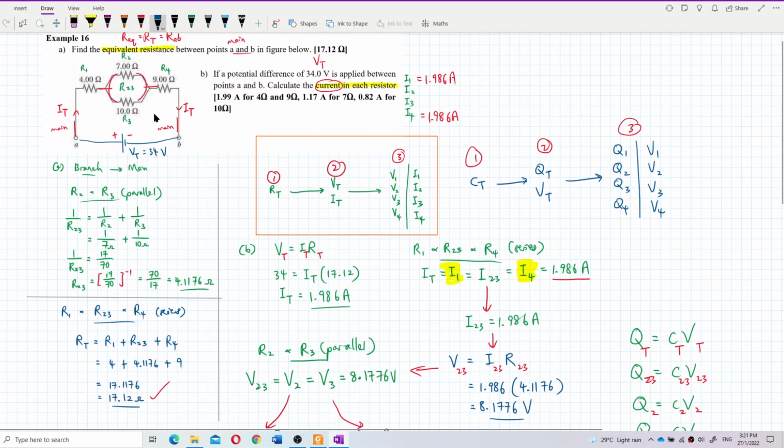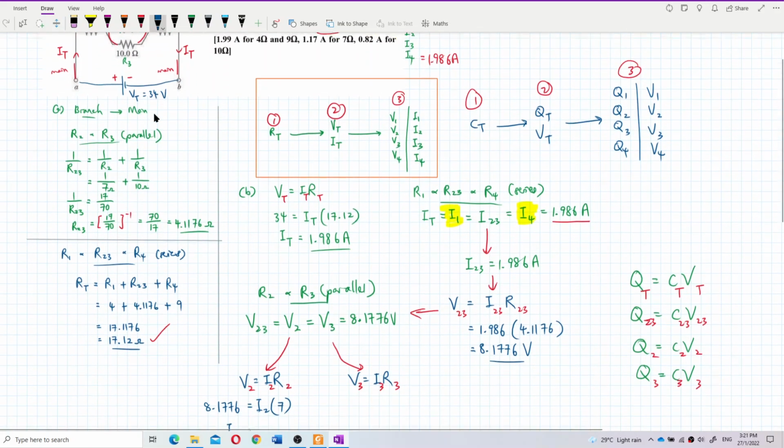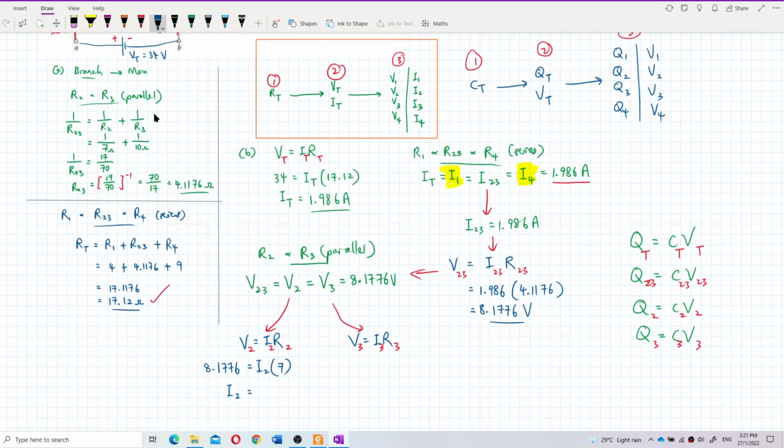So I think something's wrong. It should divide, not multiply. So 8.1776 divided by 7. I should get the current 2 is 1.16. I need to round up to 2 decimal place, because that's the final answer already. I get 1.17 ampere for I2.